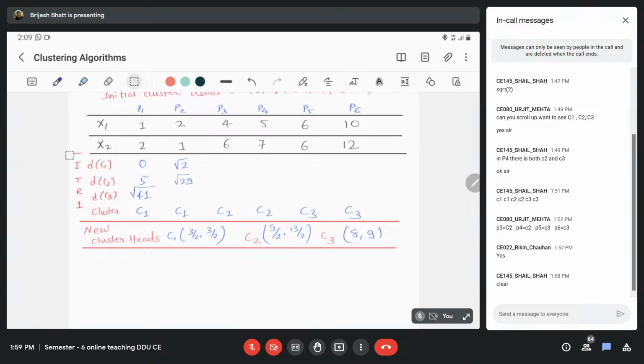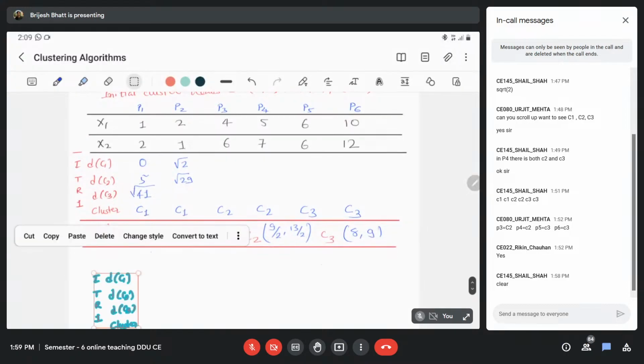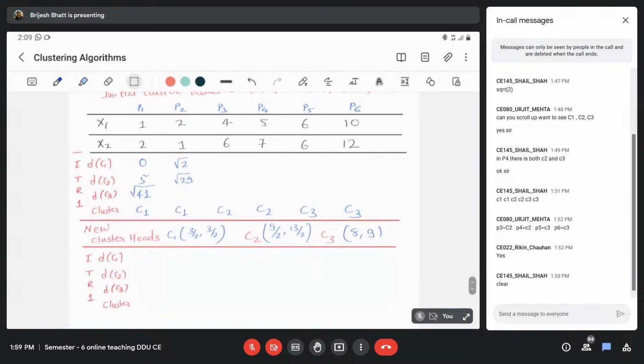Let's repeat the procedure. Repeat the same computation, but now your cluster heads are different, and tell me the new assignment.